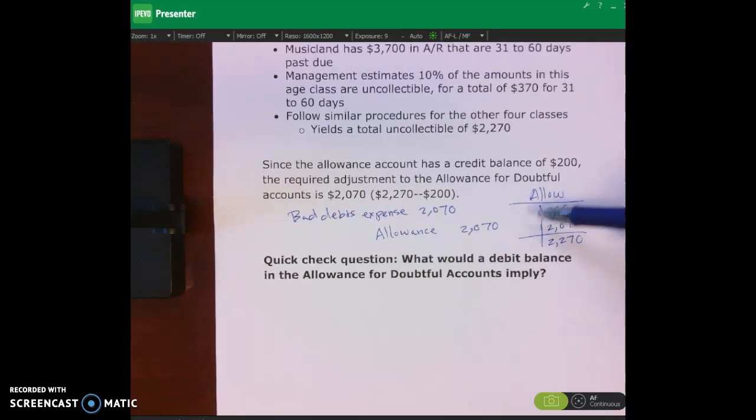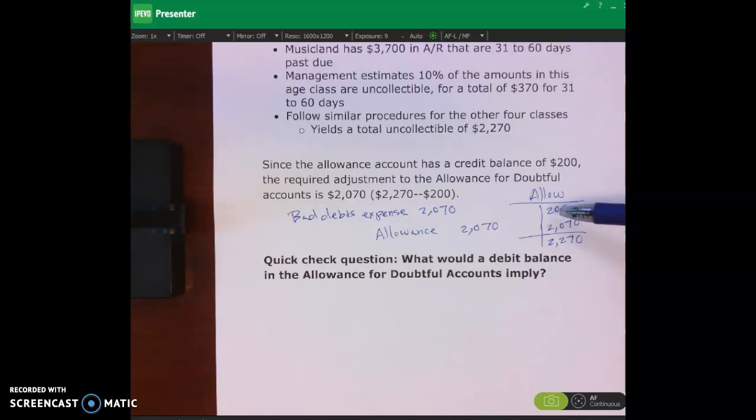Okay. So I say right over here, okay, what would a debit balance, so if this were a $200 debit right over here, what would that mean? It means that the amount of write-offs that you had during the accounting period exceeded the allowance for doubtful accounts. Because remember, when we write off the allowance for doubtful accounts, right? When we find out that somebody can't pay us, we debit the allowance and then we credit the receivable.